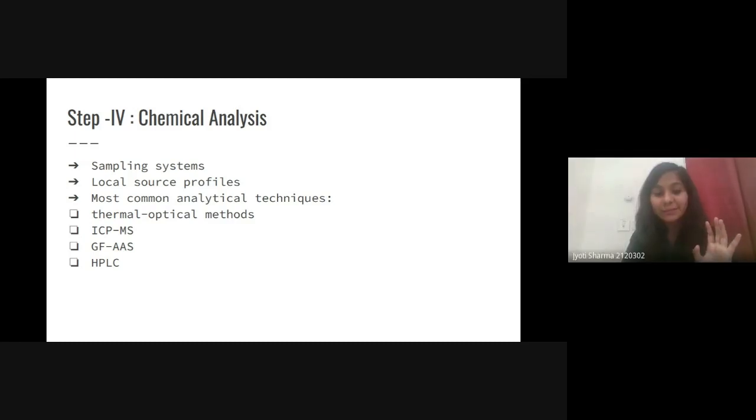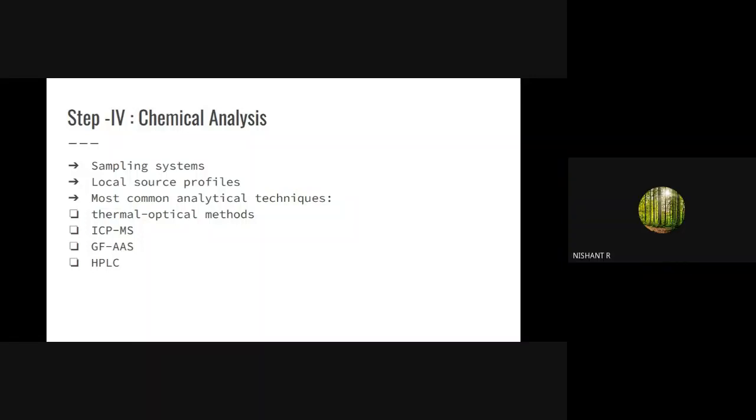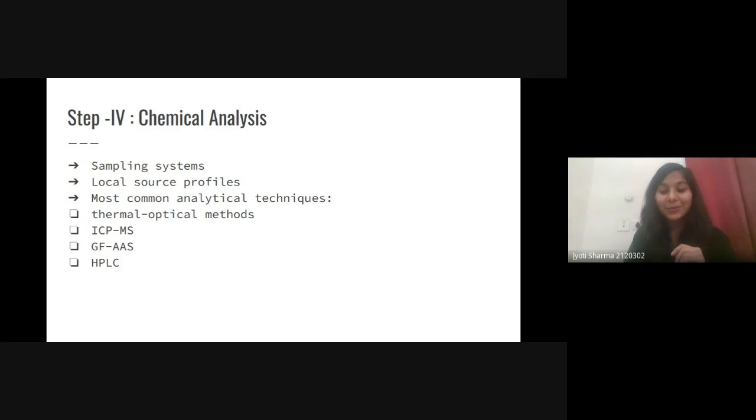LC means? Not getting one. Okay, so later you will see the full form of this HPLC. This is a chromatography technique, if you have heard about this. So for different species, you will apply different techniques, and based on that, you will do your analytical studies. Okay, so this is the chemical analysis part.